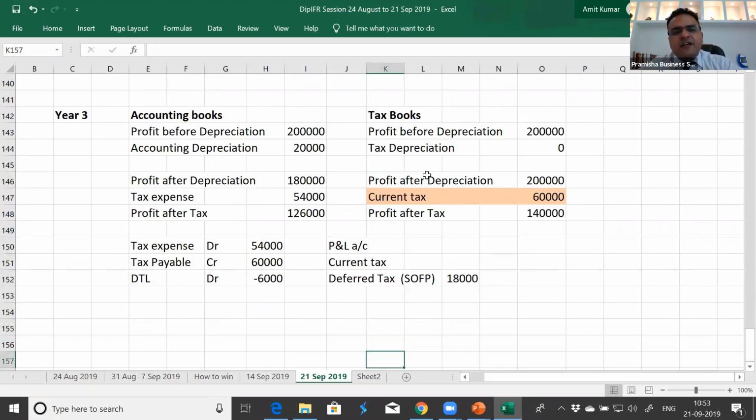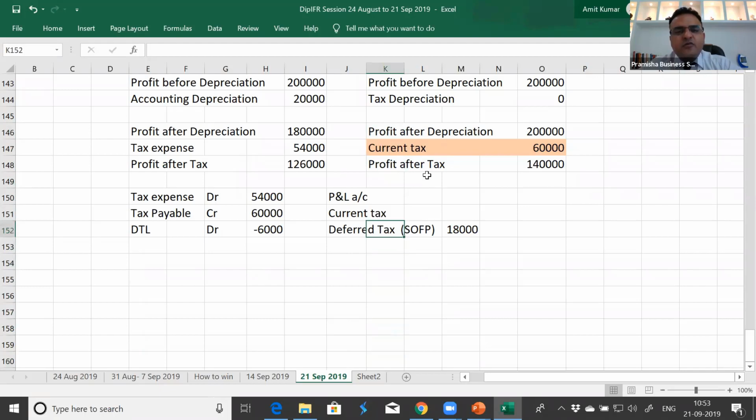Yes, we have a deferred tax liability balance of 18,000 to meet this additional liability of the future. So this year our tax expense is 54,000, but our tax payable is 60,000. How will we meet this? From our DTL balance, we'll deduct 6,000. Our DTL balance will be left at 12,000 now, and 6,000 will be allocated for this additional liability which we are liable to pay.